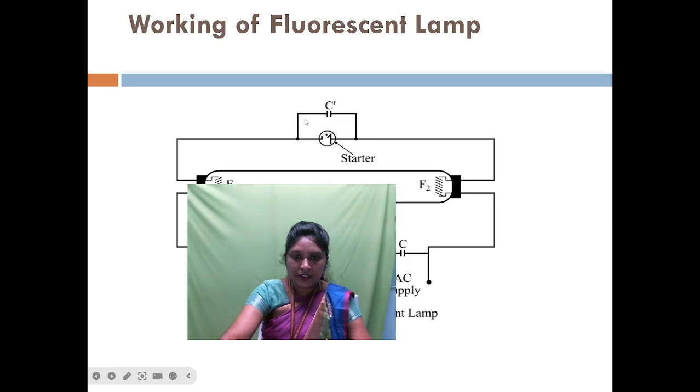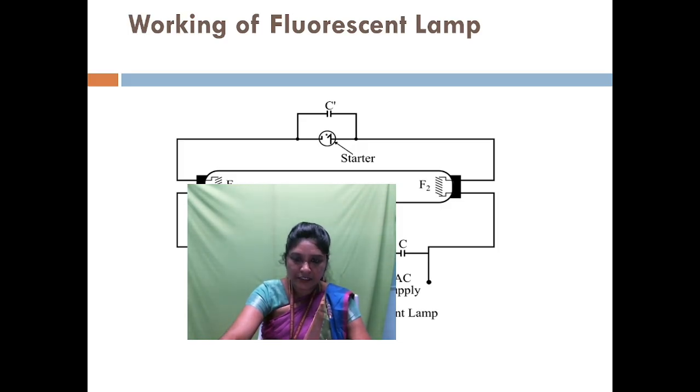The starter switch is filled with argon gas. This argon gas is ionized and a glow appears inside the starter switch, which heats the bimetallic strip carrying the moving contacts. So in a while, the bimetallic strip shorts the starter terminals.